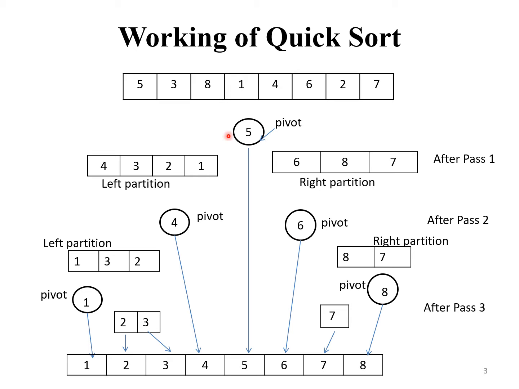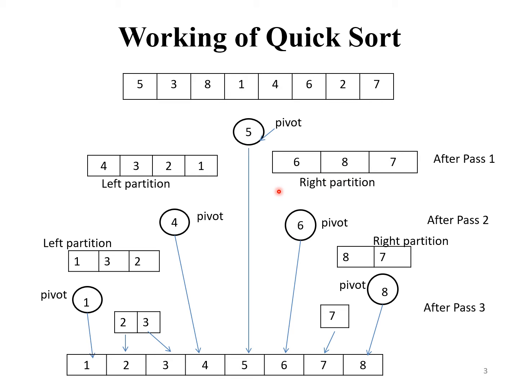We compare all these elements with this pivot element. If elements are less than the pivot element, then they are placed on the left side of the pivot element. If elements are greater than the pivot element, then they are placed on the right side of the pivot element.